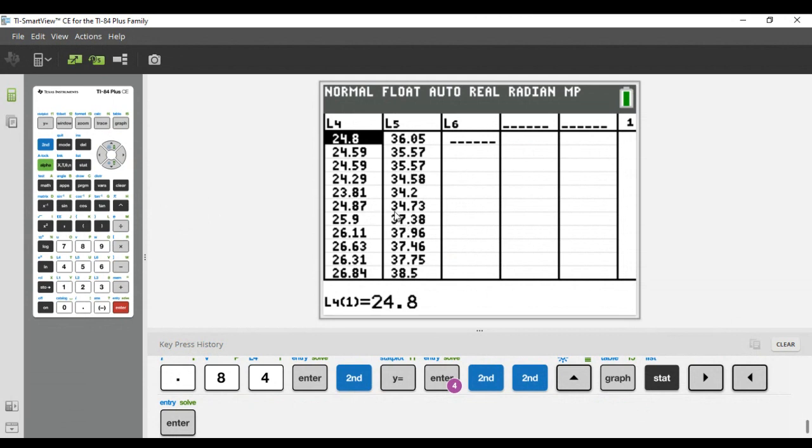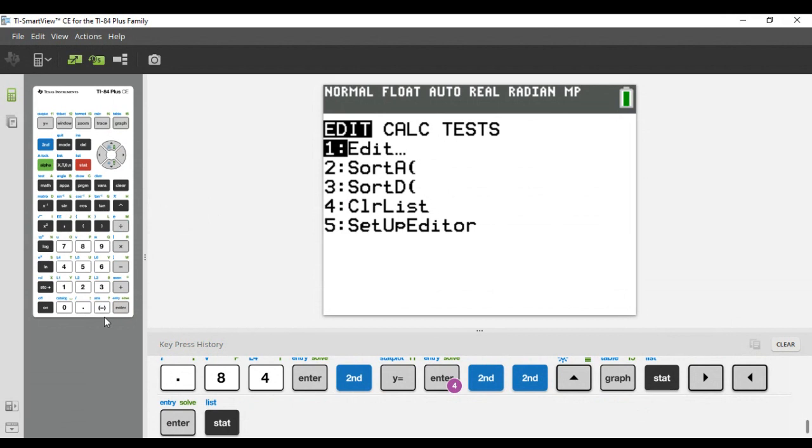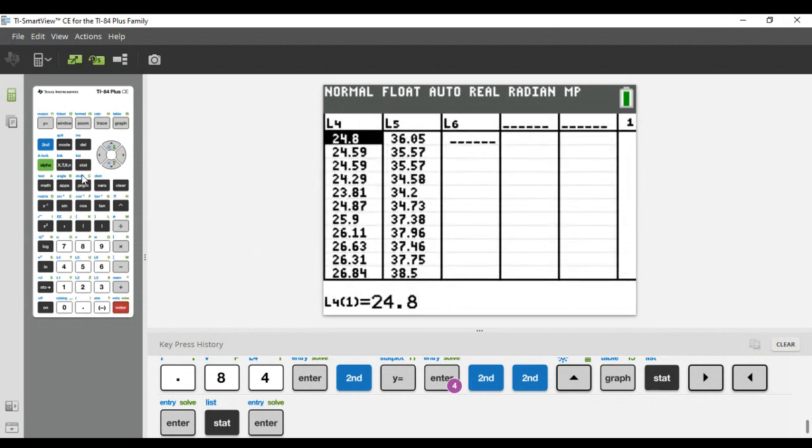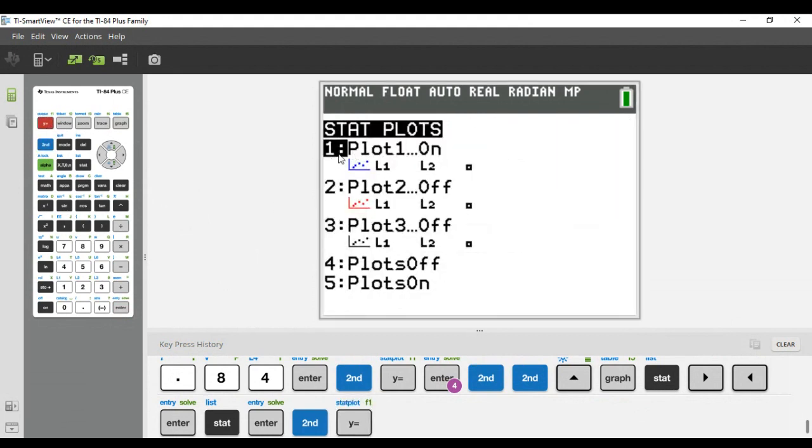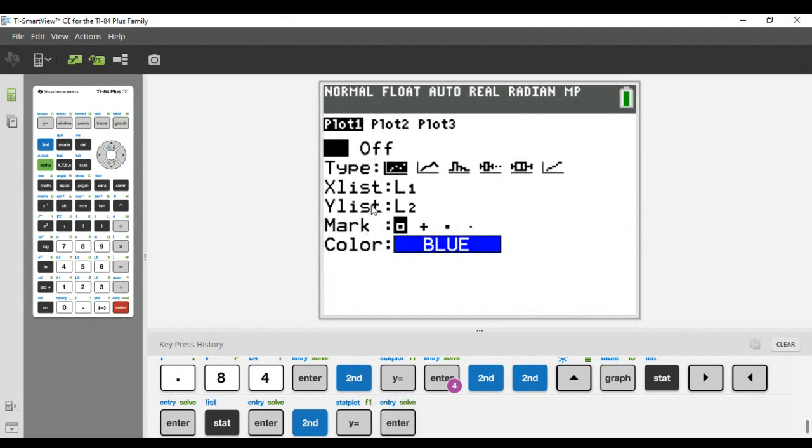So if this is your data, you know how to get here, right? So you go to stat, go to edit, just choose one. And then if you want to see the plot, the graph, you just go to second and then the stat plot, the y equals, and then make sure you choose one and make sure it's on.